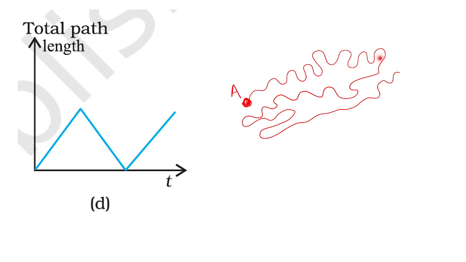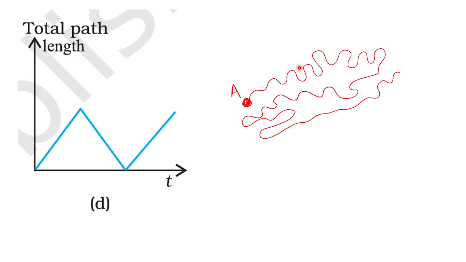If I stop, the path length will be stationary, fixed. So the path length will not decrease. I am continuously traveling, so path length will not be decreasing. Whether I am going forward or backward, the path length is actually increasing, never decreasing.